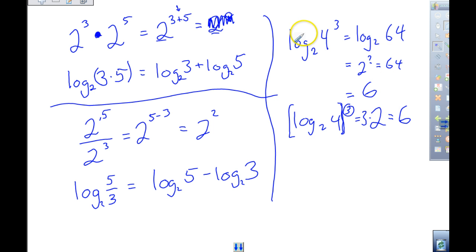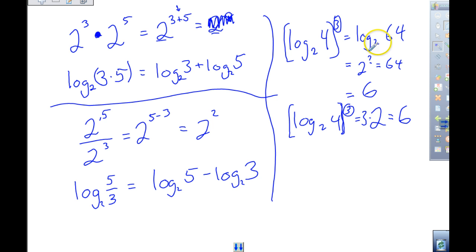So you're almost ignoring the exponent up here at first, solving the simpler, smaller number problem. Finding out what 2 to what equals 4 is a little bit easier than finding out 2 to what equals 64.